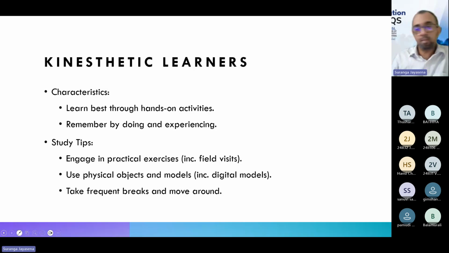And of course, if you are that nature, it is also important that you take frequent breaks when you're interacting with these things and move around, because you need time for the things that you capture to be properly analyzed in your brain and properly deposited in there. If you continually experience only, then things will not go into your brain effectively.